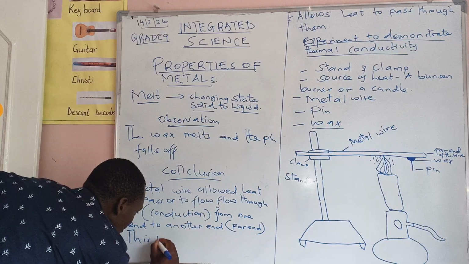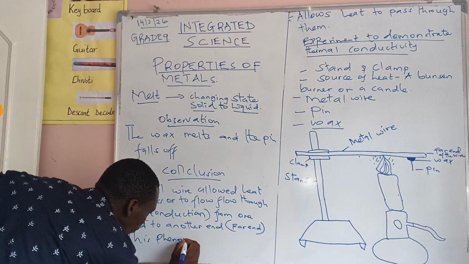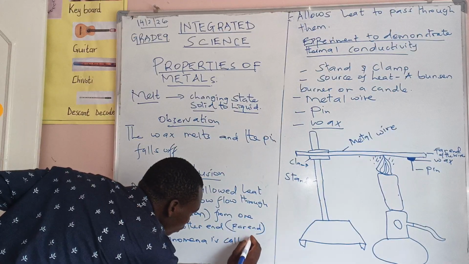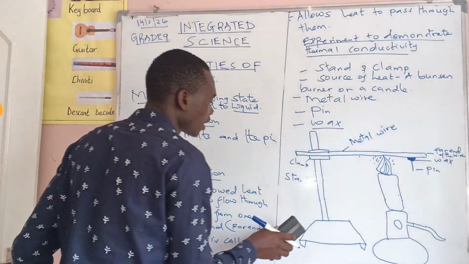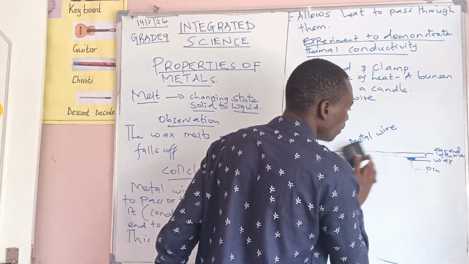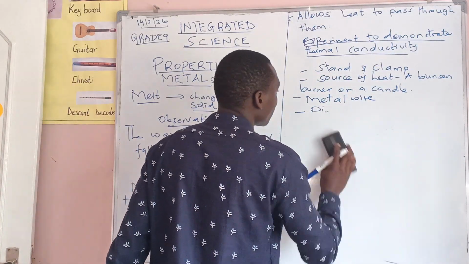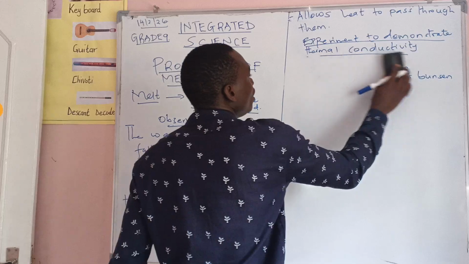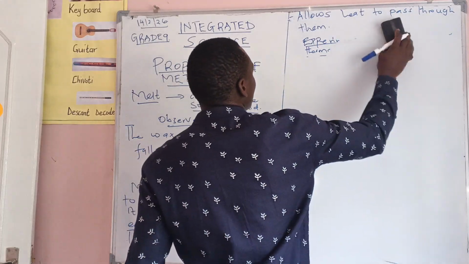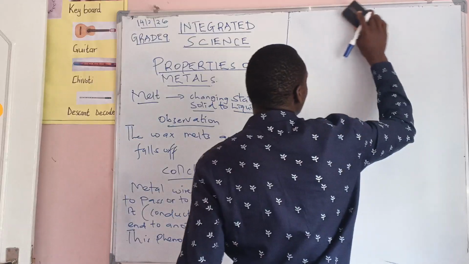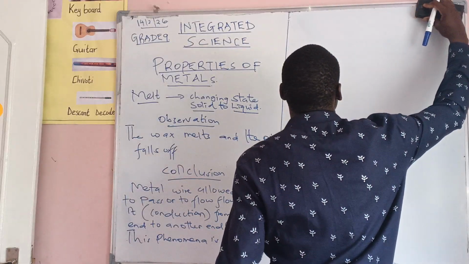phenomena is called thermal conductivity. The phenomena is called thermal conductivity. You can always pause the video so that if you want to jot down some notes, you are able to.